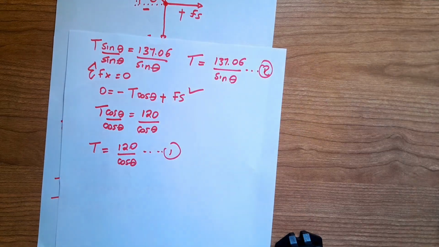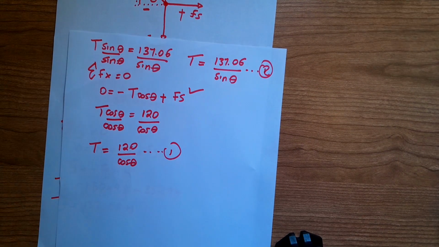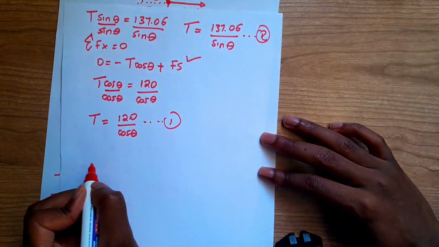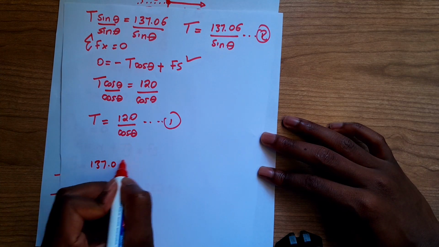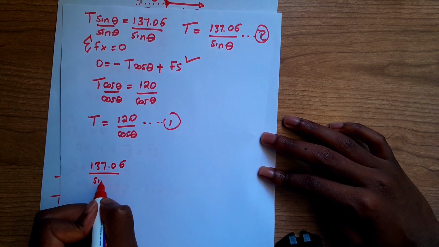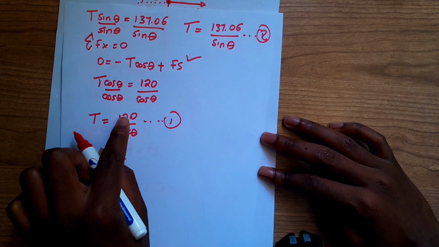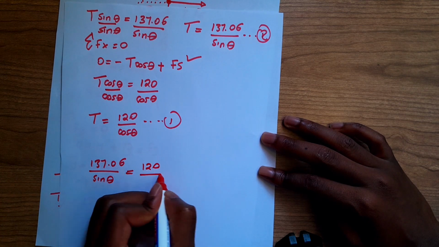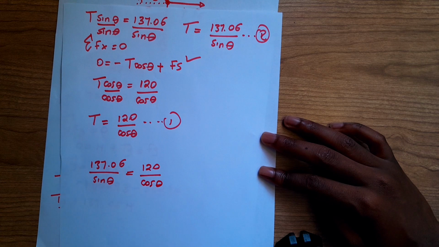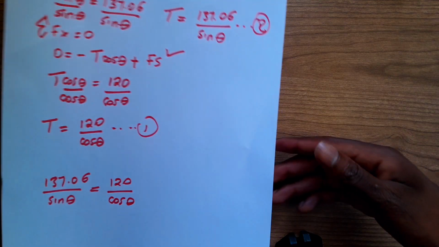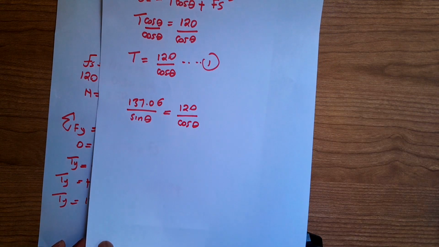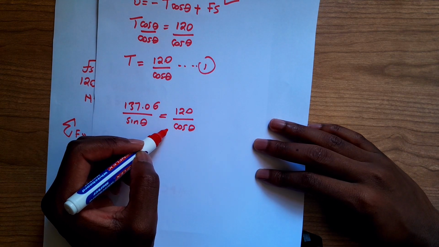So we are going to equate these two equations, right? So I'm going to write 137.06 divided by the sine of theta is going to equal 120 divided by the cos of theta. So how do I move from here? I'm just going to cross multiply.